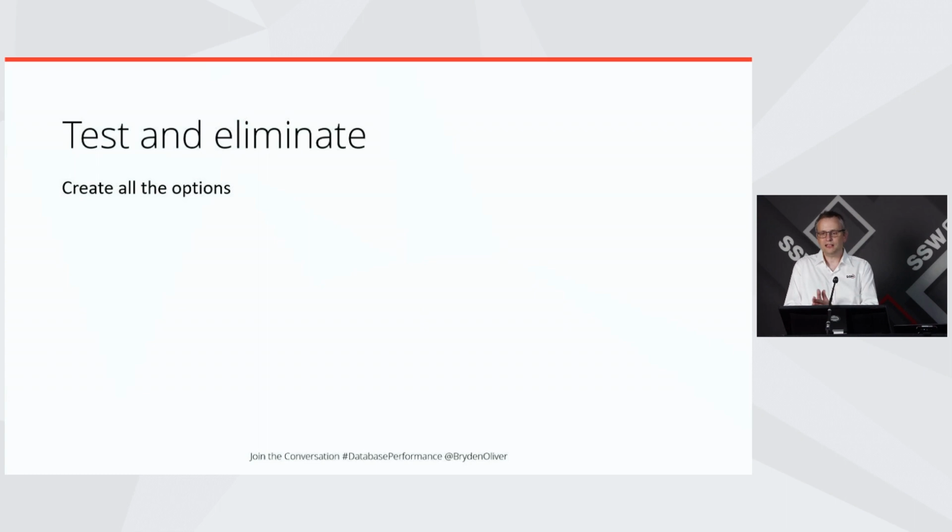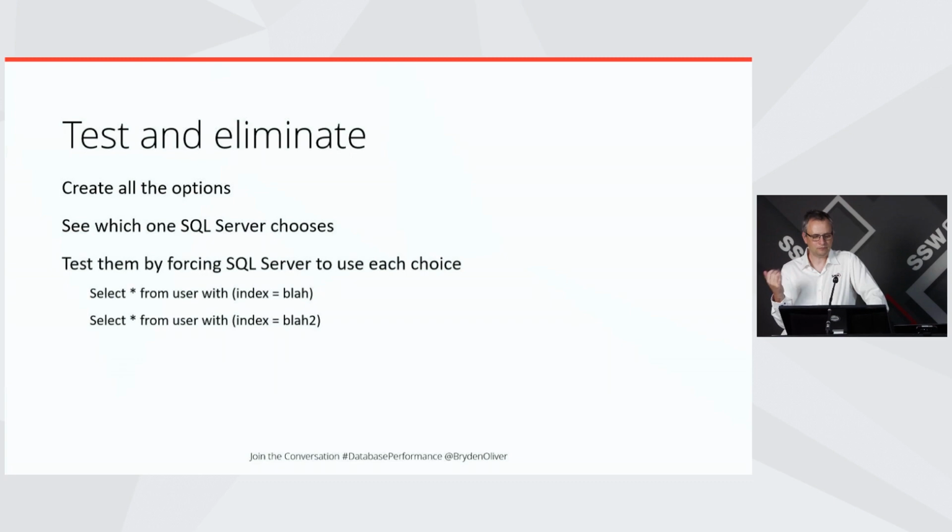The second one is, you saw every time I did one of those, I picked out a bunch of index candidates, and then I created all of them, and then I tested them. Before that I would see which one SQL Server chose to use by default, just to see whether it's doing a good job, and then test them using that hint.